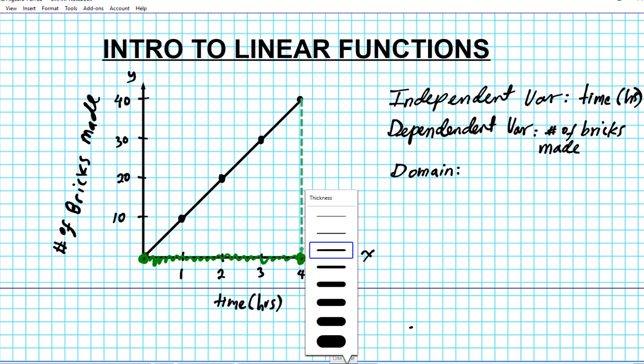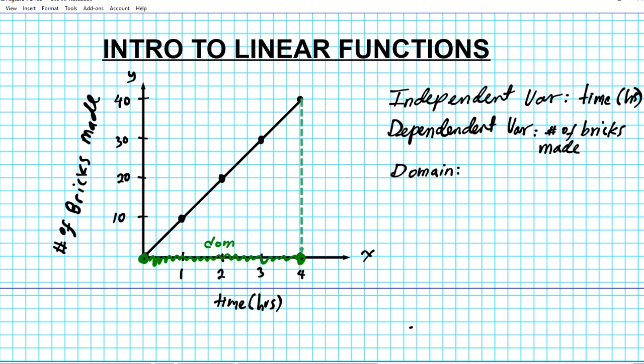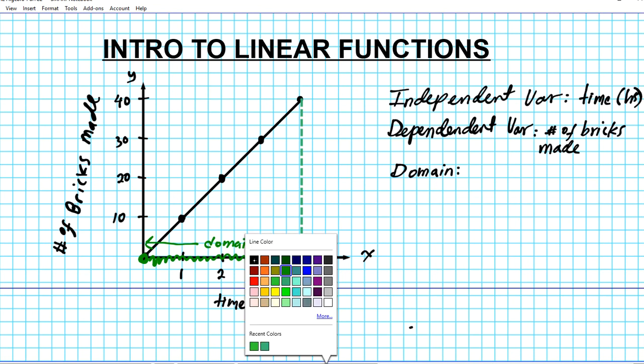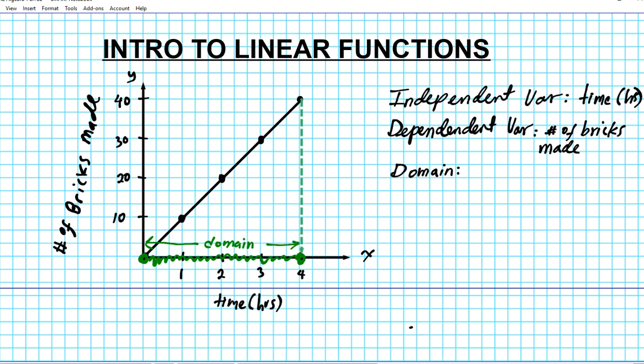So that is basically your domain. Think about domain as the horizontal span of the graph. So from here all the way to there, that's your domain. All right. So let's write that down. In interval notation, your domain is going to be going from 0 all the way to 4. That's your domain.